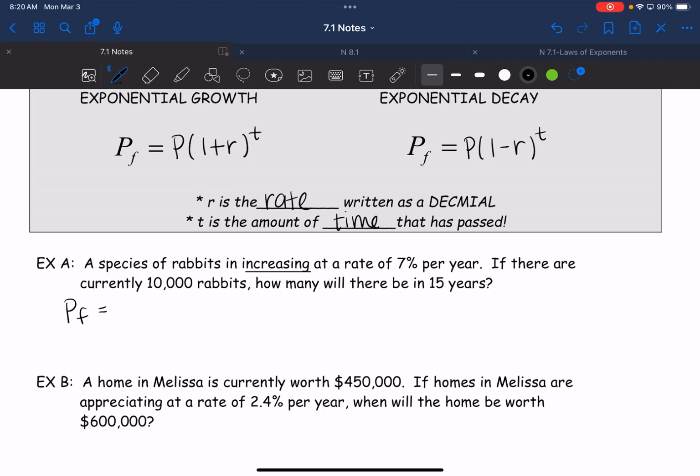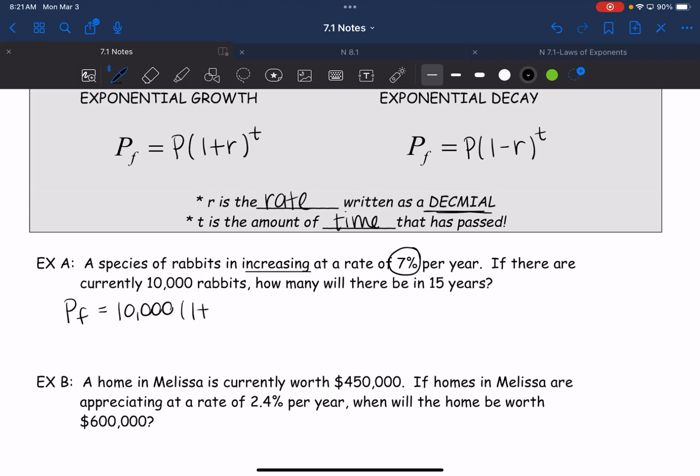So that P is going to be your initial amount. For us, we know that the current amount of rabbits was 10,000 rabbits, right? And then that's supposed to be times 1 plus the rate at which it's changing. They said that the rate was 7%.